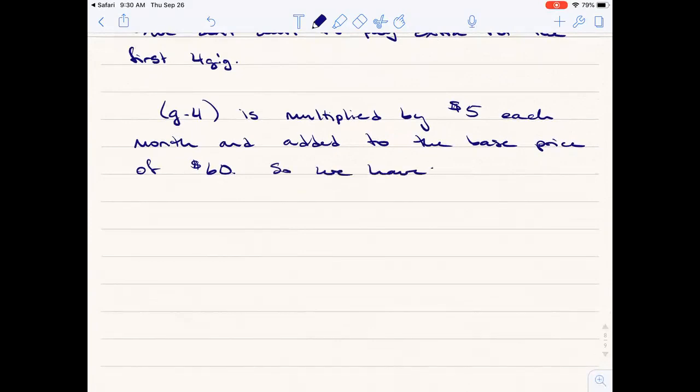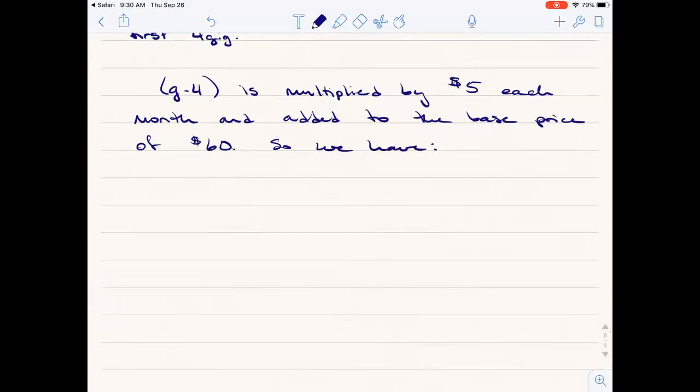So we have something that looks like our initial $60 plus 5 times G minus 4. This is only valid if G is greater than 4. Anything before that was $60.